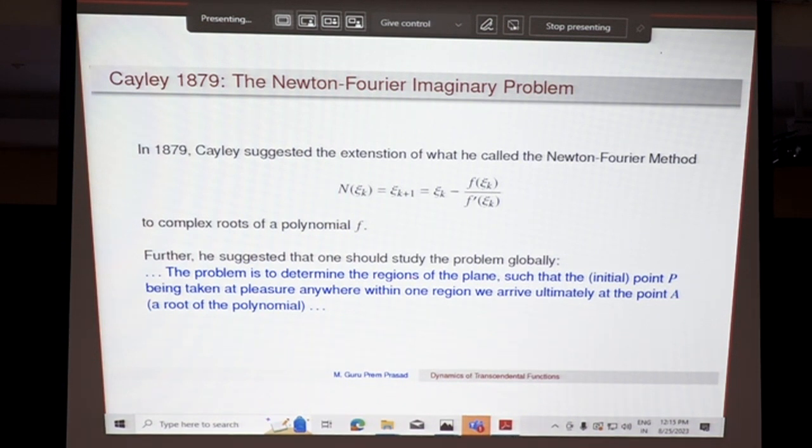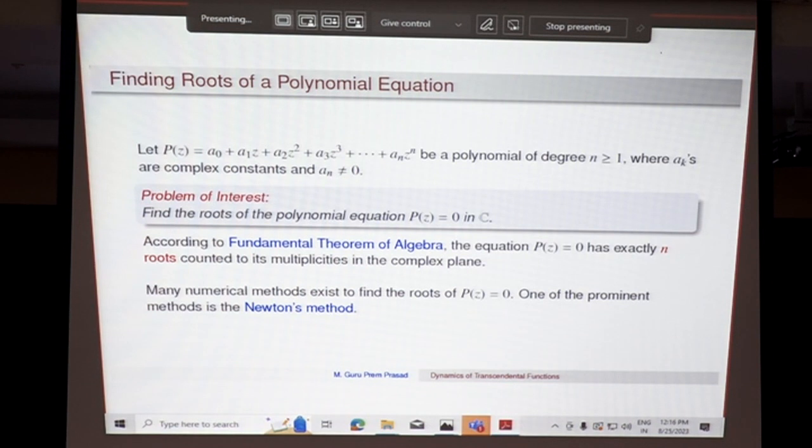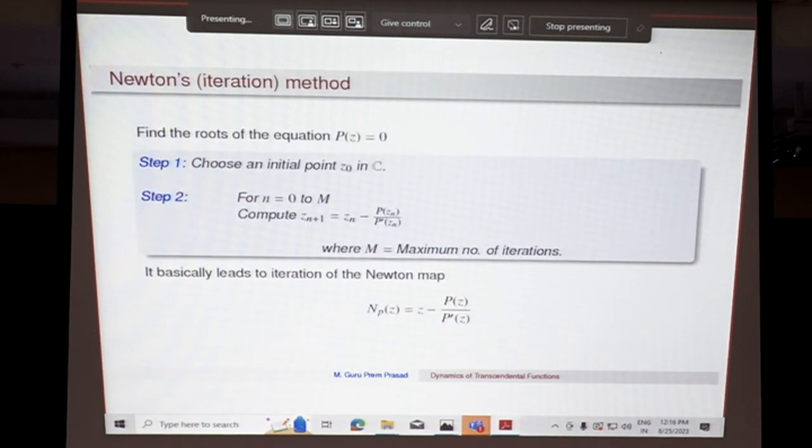Where you start the initial point and iterate, whether it approaches a root of the polynomial or not, is the question he wanted to look at globally, in the sense of iteration. In Newton's method, you start with the initial point, and this map we call the Newton map, and we study the iteration of this map, the dynamics of this system.